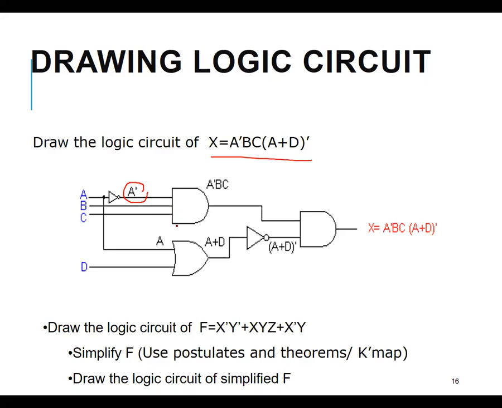Apart from the NOT gate, for other gates you can go for 3 inputs. You can't go for more than 3 inputs actually; it's not good to go beyond 3 inputs. When you're drawing, keep that in mind.